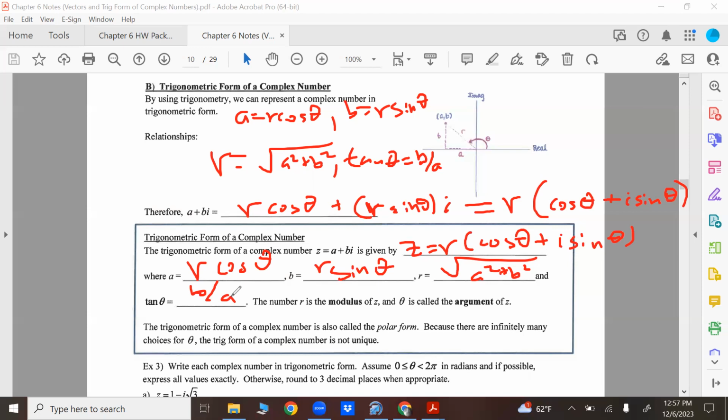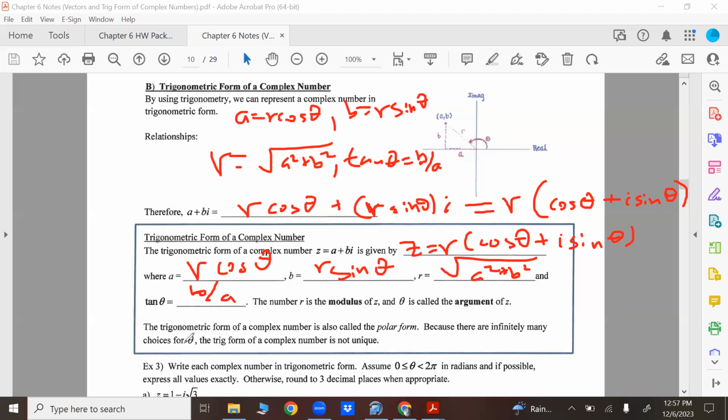Just some weird terminology. I never use these terms just because we're pre-calculus, but the modulus of z, I guess, is r. I don't care. Theta is called the argument of z. It's like the input. I don't know if that makes sense. Honestly, I don't care about those terms. We'll just move on.